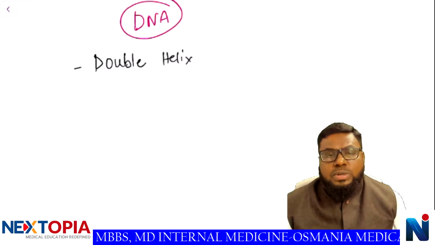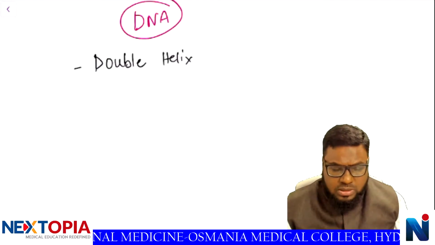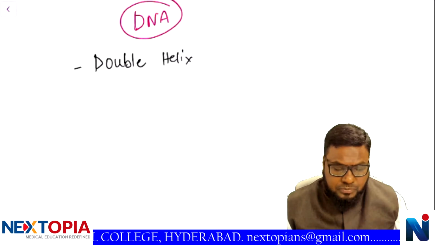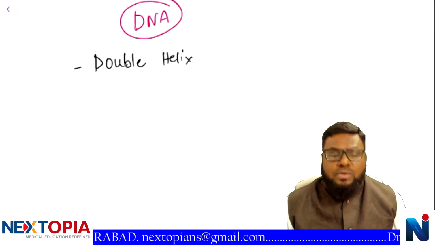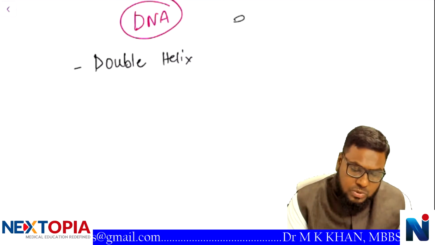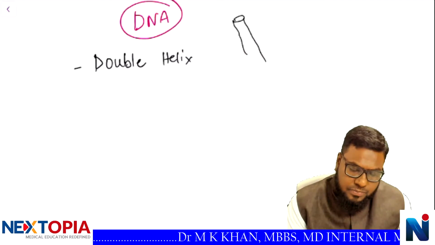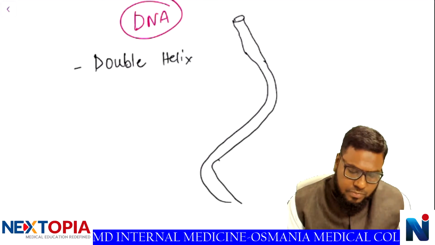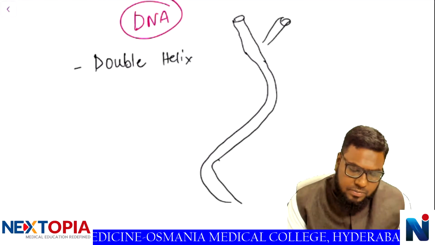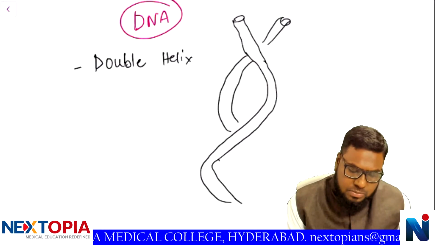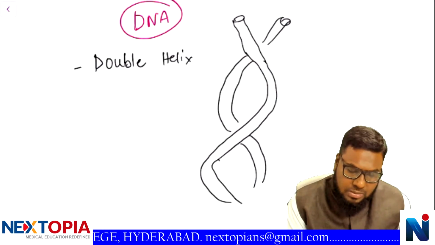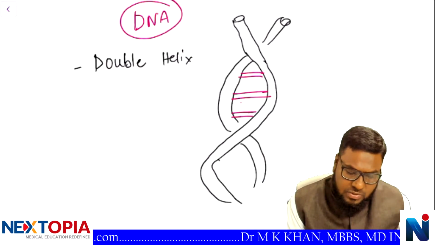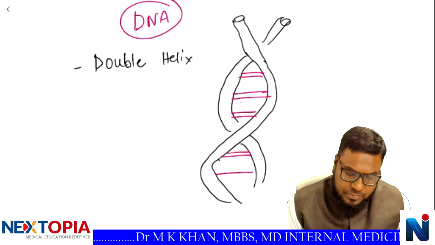But here, what you need to know is, quickly we'll revise that there are two strands in the DNA. Two strands are linked to each other at regular intervals. Suppose this is one strand, and this is another strand. We are calling this model a double helix model. They are linked together with the help of certain bonds, which we'll discuss later on.